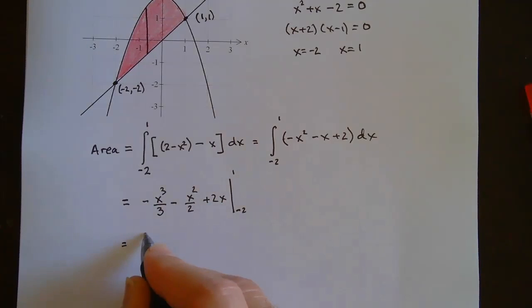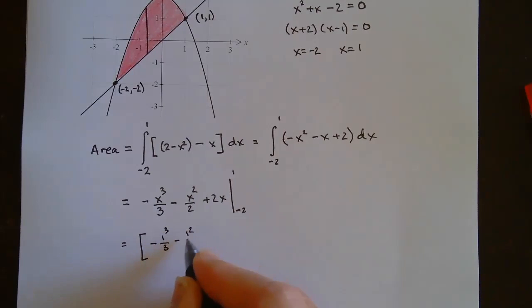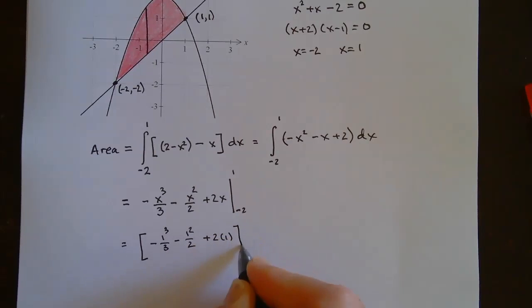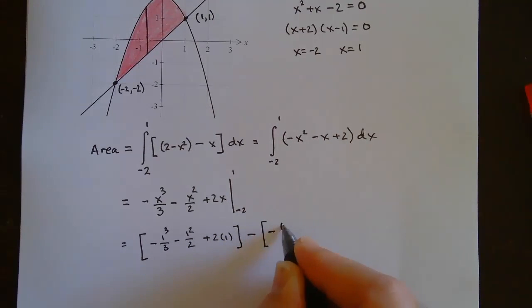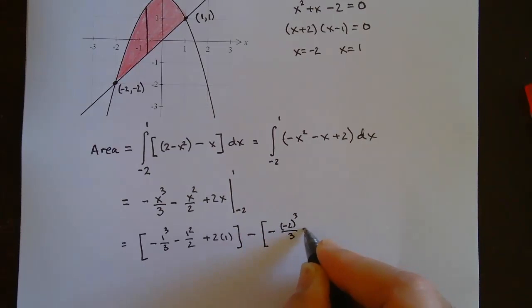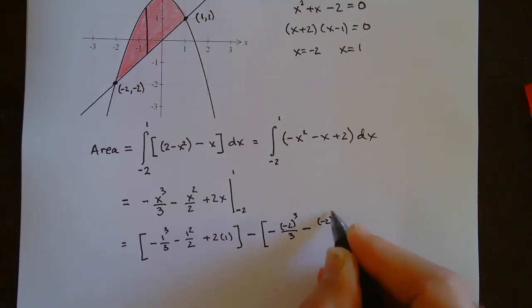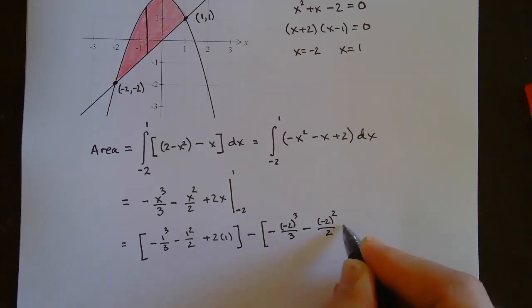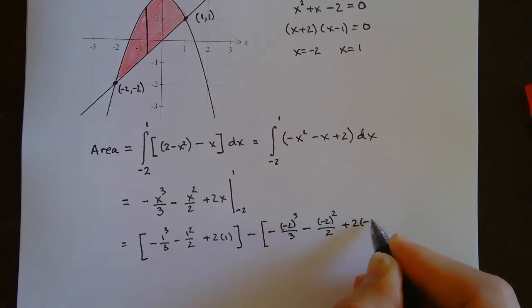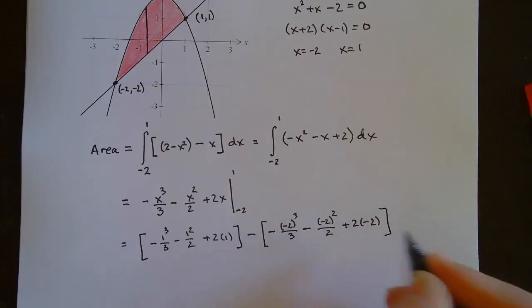Okay, so this would be negative 1 cubed over 3 minus 1 squared over 2 plus 2 times 1, minus a negative of -2 cubed over 3 minus -2 squared over 2 plus 2 times -2. I'm going to close my bracket.